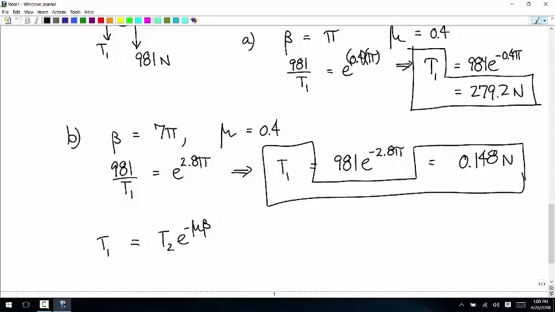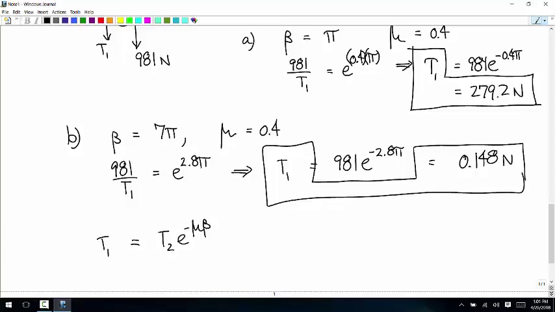Was there another question? Yeah. If you accidentally mixed up T1 and T2 in the beginning, is the answer you get like it goes the other way? Yeah, you get something bigger than 981. And so you have to think about what you want to have happen. In this case, we're trying to rig this up so that T1 is smaller than 981.